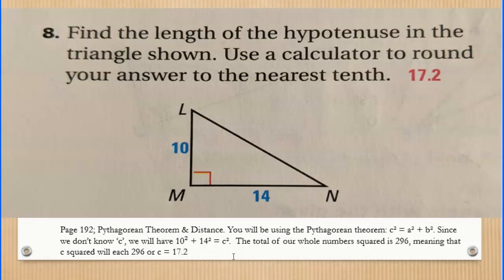You do need to start knowing what the symbols are on your calculator and how to use them, because when you get to Algebra 2 and you're using a graphing calculator, you have a lot more stuff on there. So the answer to this one is 17.2. We can write that here across this line, but use your Pythagorean theorem.